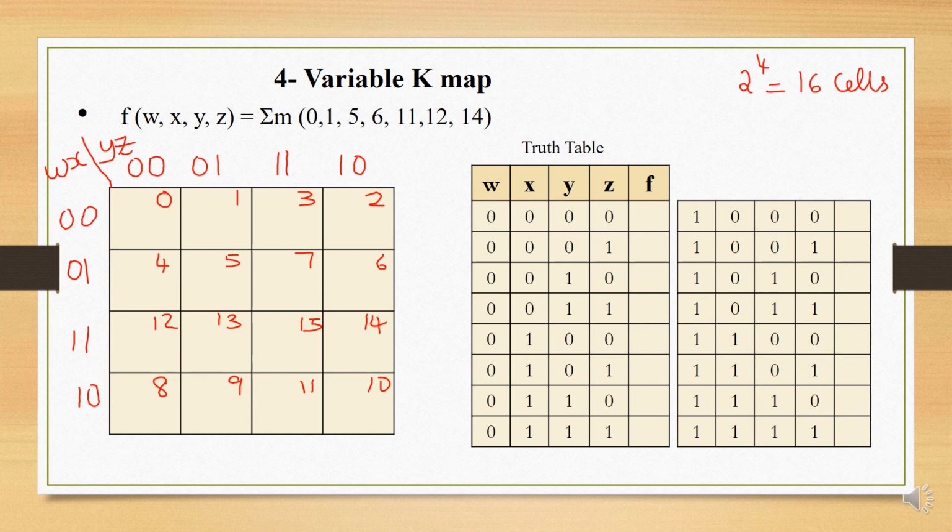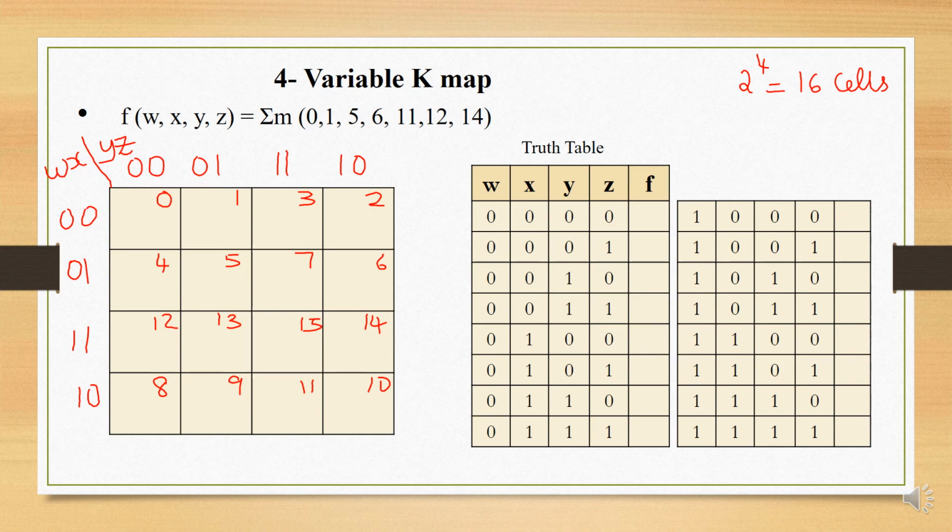Now let us plot the K-map for the given Boolean expression. As the given Boolean expression is a min-term canonical form, we are going to write logic 1 at the output column F for the given decimal numbers. So it is high for 0, 1, 5, 6, 11, 12 and 14.